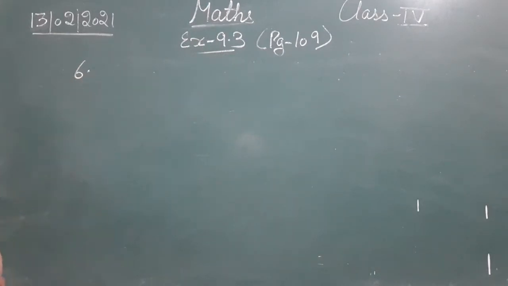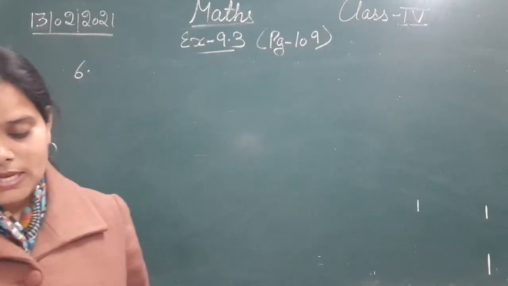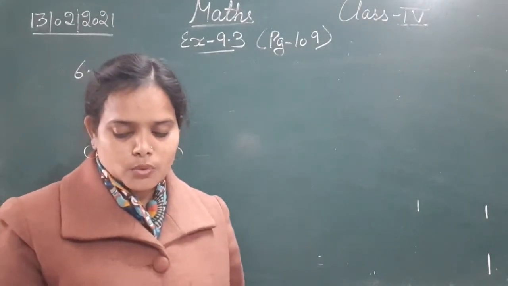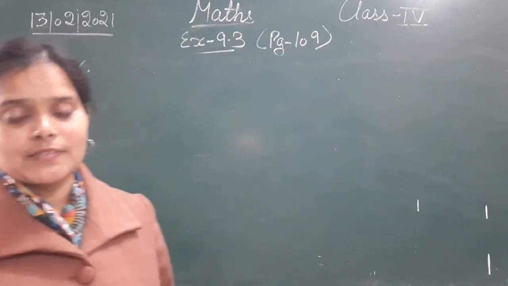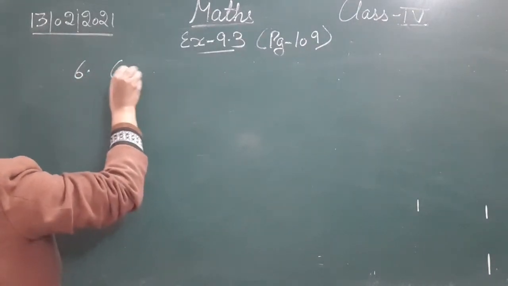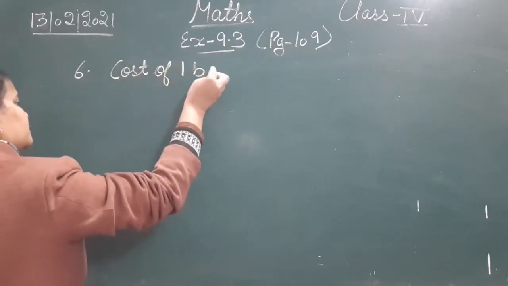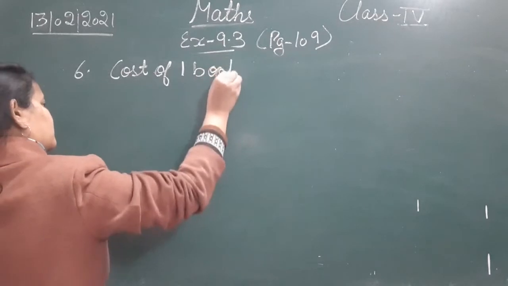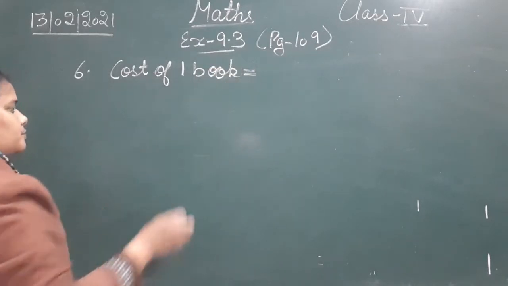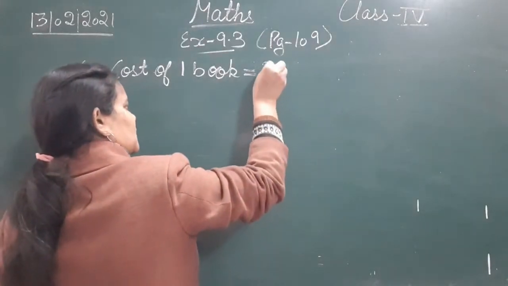Okay. So the first thing that is given is that Karina bought 4 books and the cost of one book is 139 rupees and 75 paise. So देखिए, cost of one book is equal to 139 rupees and 75 paise.